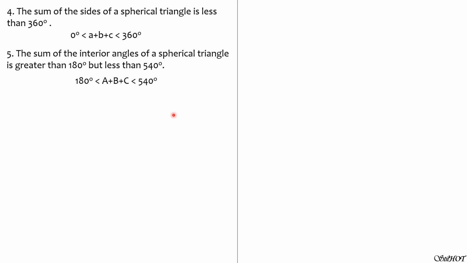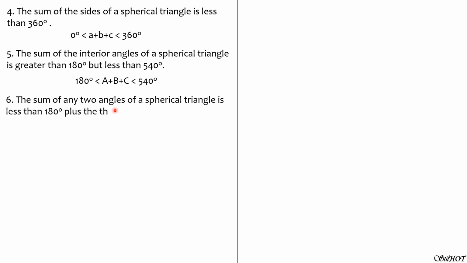The sum of any two angles of a spherical triangle is less than 180 degrees plus the third angle. This is true because each interior angle, as I said, is less than 180 degrees. So it follows that the sum of any two angles of a spherical triangle is less than 180 degrees plus the third angle.